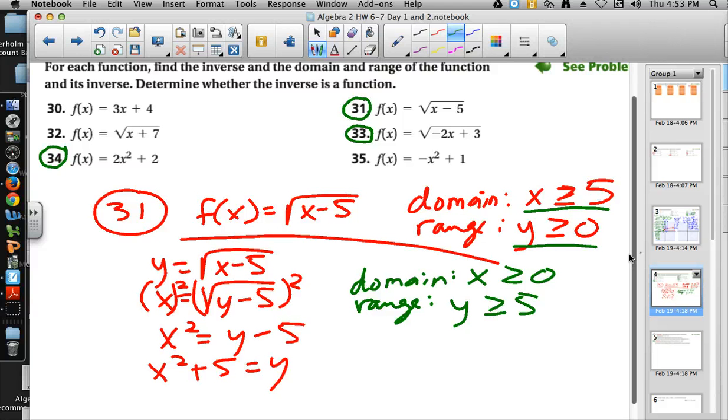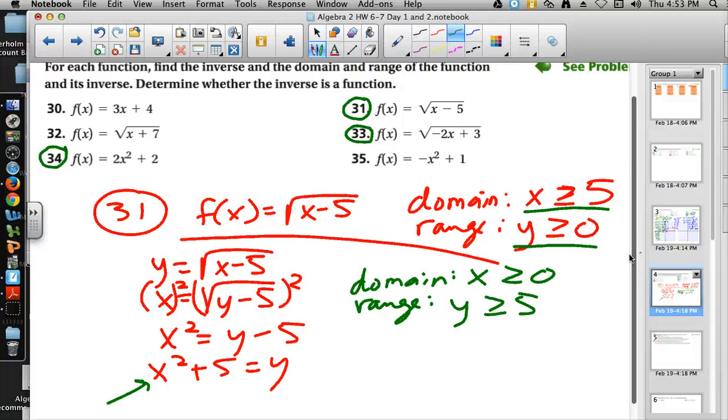So, last thing to do, a lot here: find the inverse, domain and range of the original and the inverse, determine whether the inverse is a function. Well, when we found the inverse, at no time did we put a plus or minus in there. So if we put one number into our inverse function, we will get one number out.